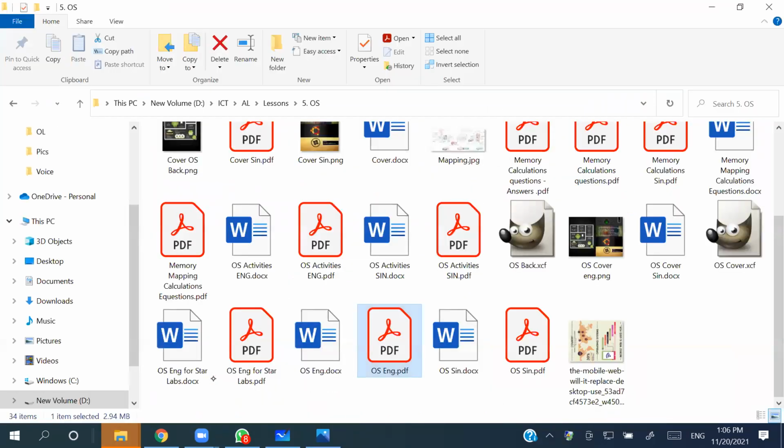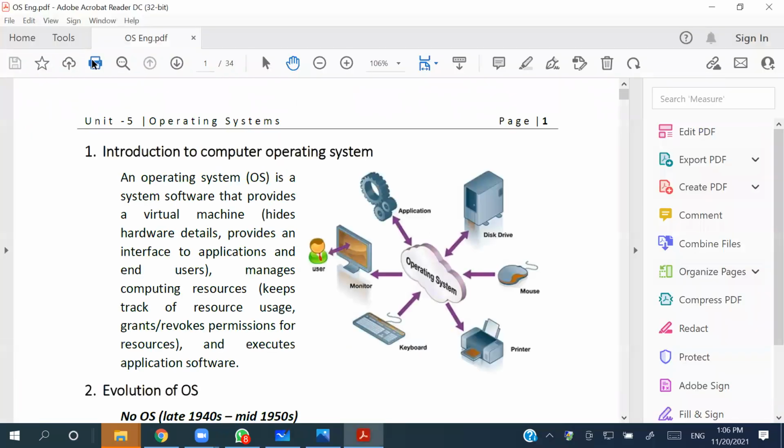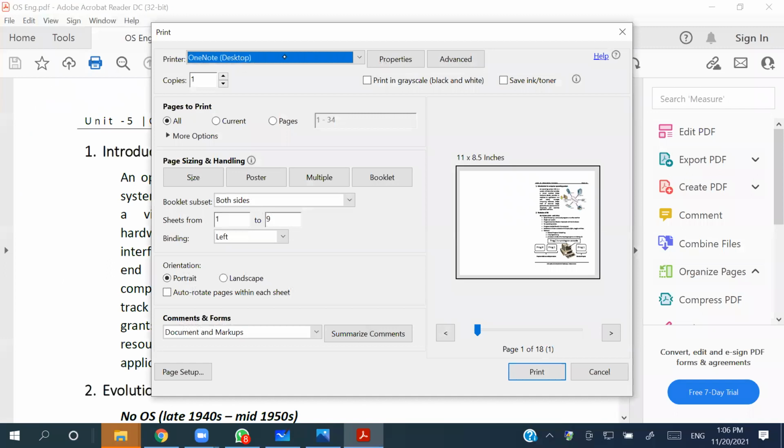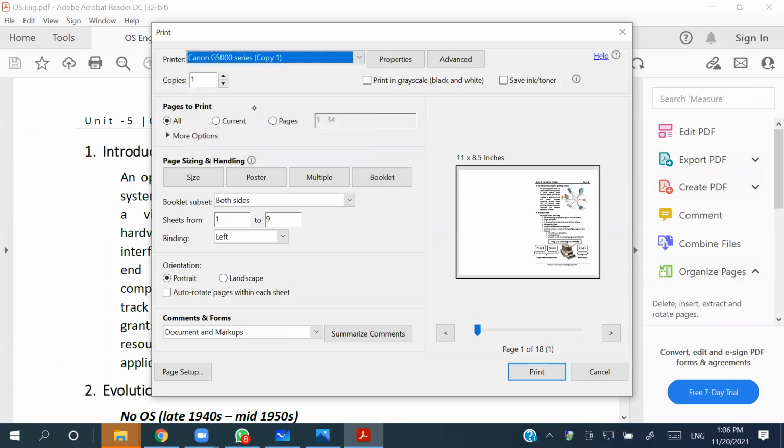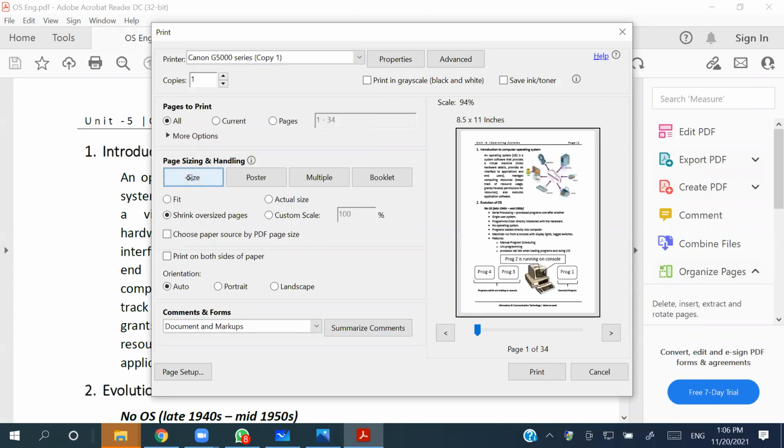Let me open it again. Okay, here I go again.